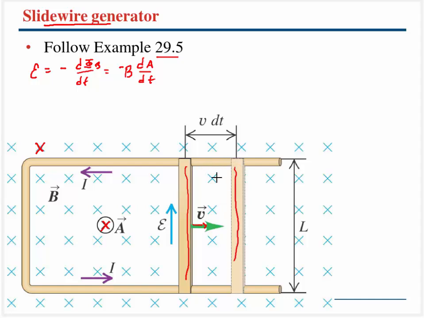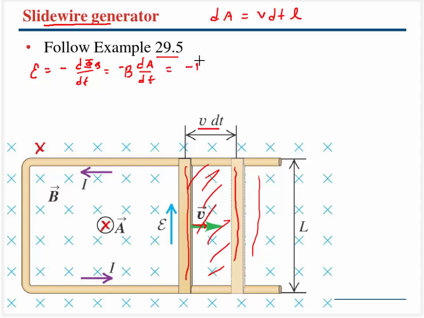Well, it changed by essentially this much, which is related to the velocity multiplied by the amount of time, the time step dt, and then the length. So the change in area is simply going to be equal to the velocity dt multiplied by the length.